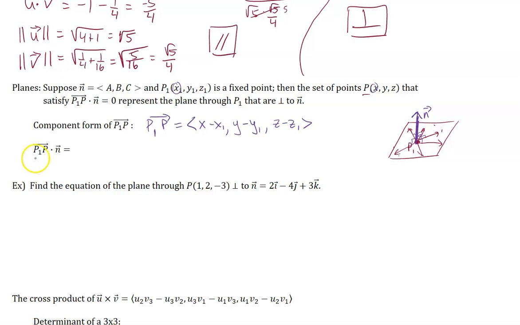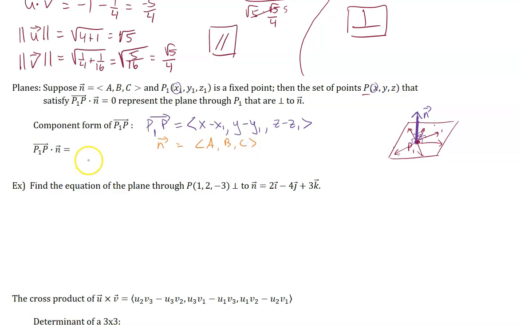And then the dot product of this times vector n, I'm going to write it down here just so I can see them together, is just A, B, C.